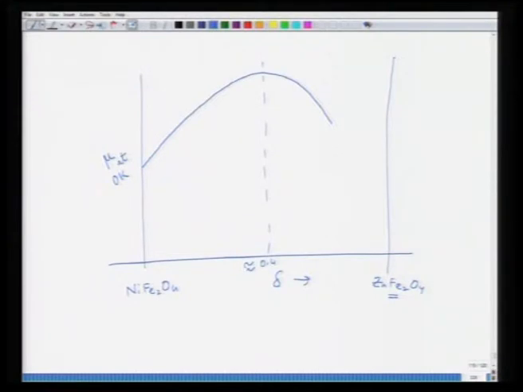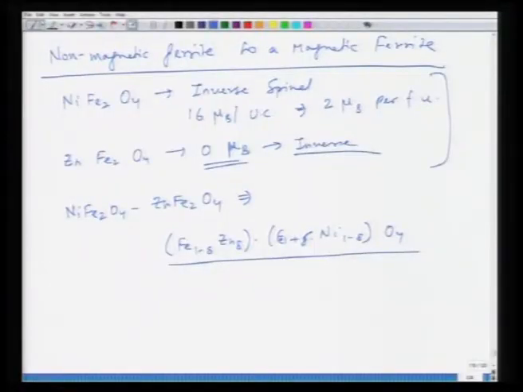So by mixing of a non-magnetic oxide, the structure goes through essentially a redistribution. Although both of them happen to be inverse in the pure form, when you mix them together it becomes a mixture of inverse and normal spinel oxide.